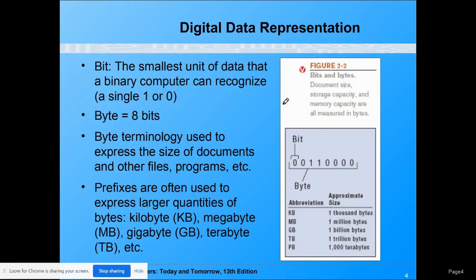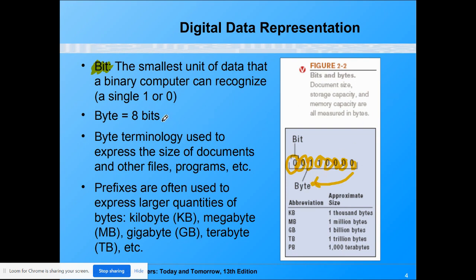Under digital data representation, we have what we call the bit. What is a bit? This is the smallest unit of data that a binary can recognize. And 8 bits represent a byte.